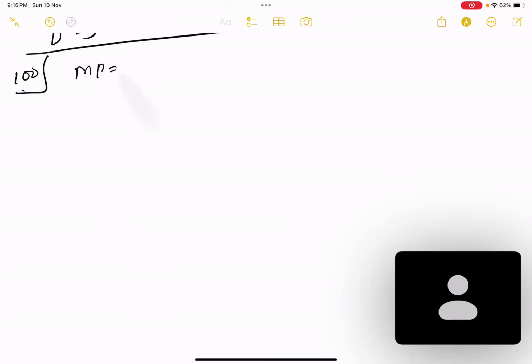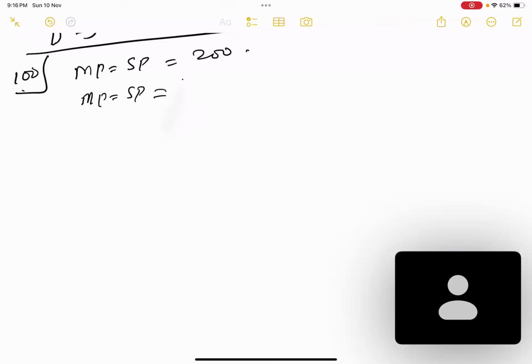Okay, so mark price is the selling price and it is sold at rupees 200. Now this mark price, that is the selling price, is 25% higher than the cost price.